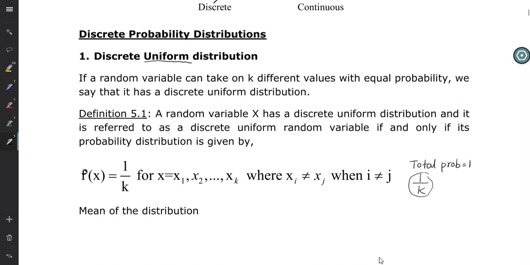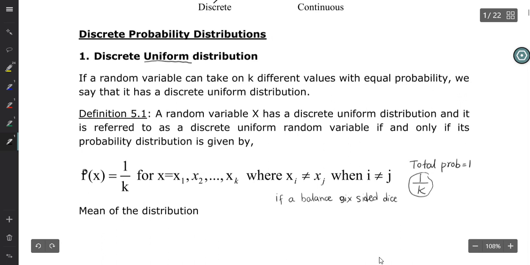For example, if you roll a balanced 6-sided die, if it is balanced, all 6 sides have the same probability of being selected, which means in this case k is 6 and the probability of x will be 1 divided by 6.